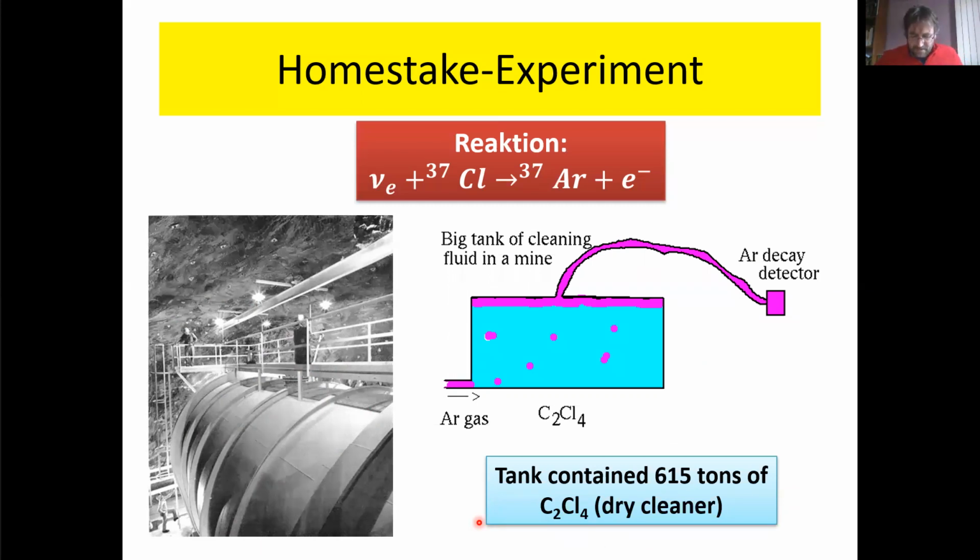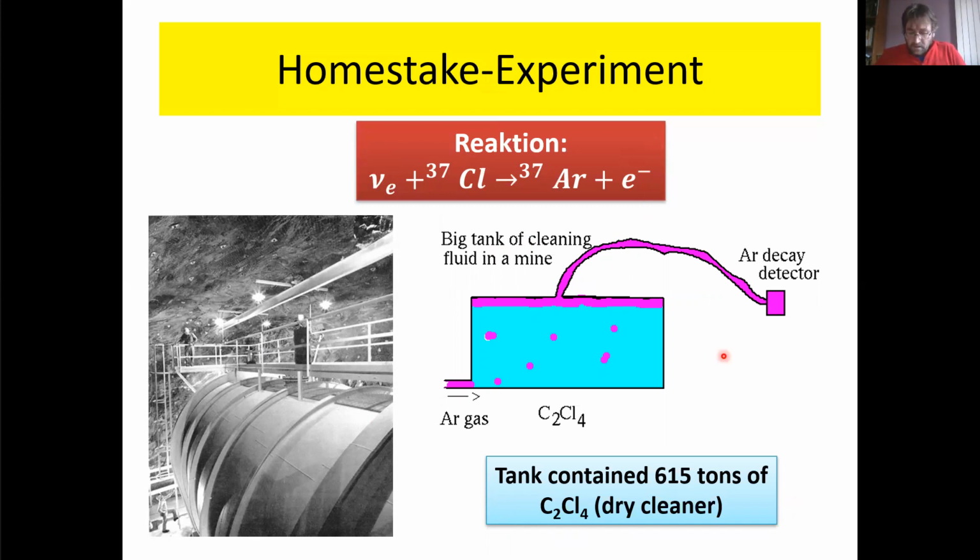So you take this massive amount of dry cleaner and hope that the neutrinos from the sun would change the chlorine to an argon. Argon is not a nice thing because it's a noble gas, so immediately it doesn't want to react, it gases out.